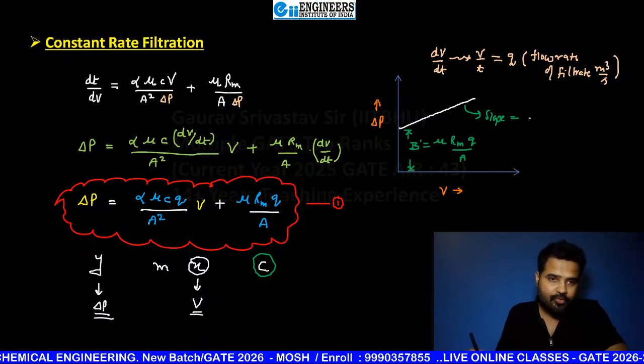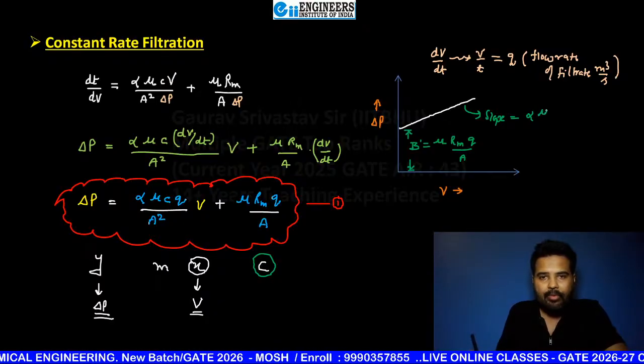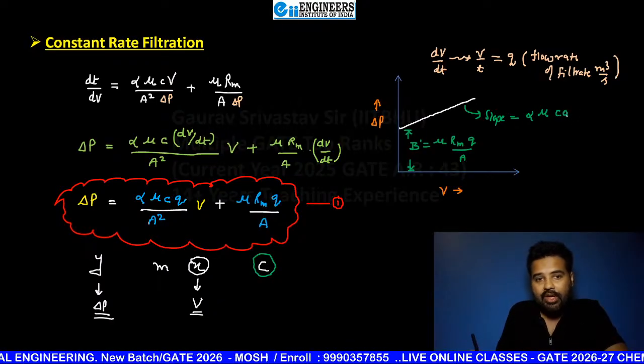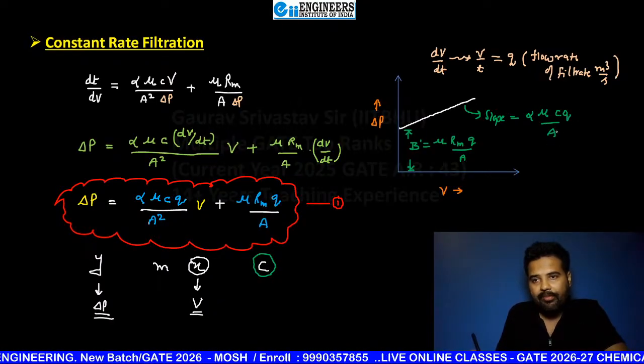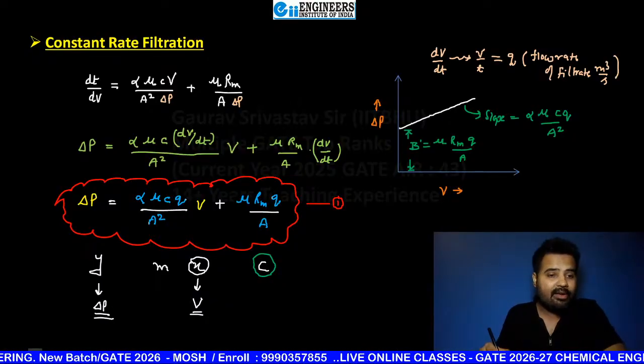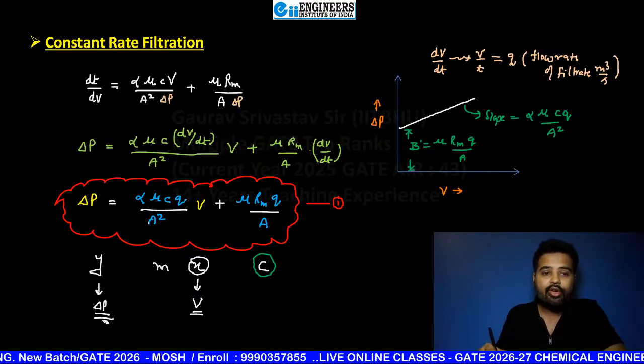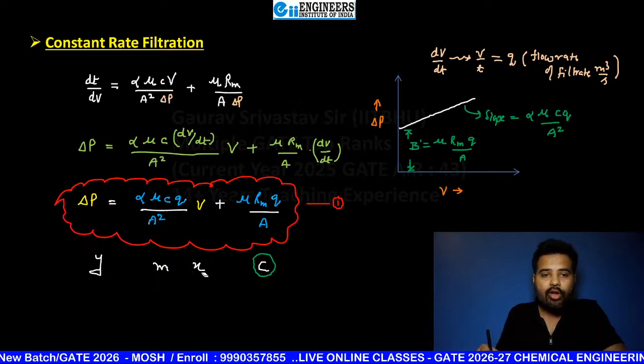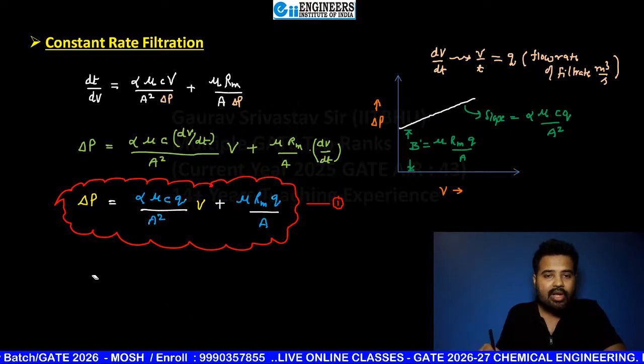Slope this time is alpha mu c Q by A square. Okay beta, is it crystal clear to all of you? Just tell me beta, everyone please tell me. No doubts at all, beta? Does no student have any doubt? Shall we move forward, beta?